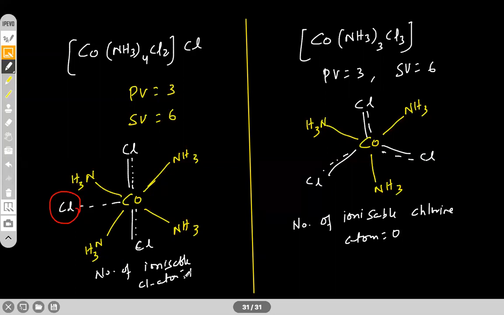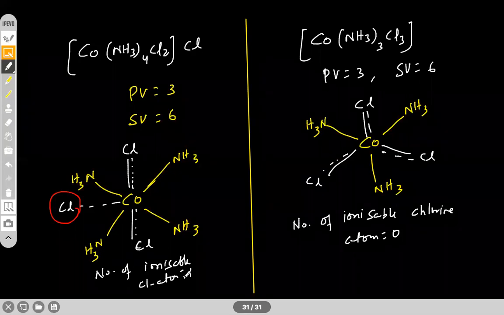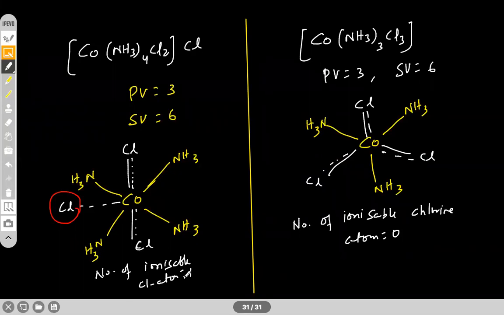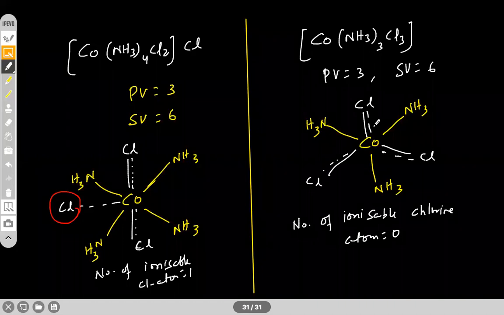So the chlorine and NH3 have to be alternate? No. See, just try to understand how we represent secondary and primary valency. Ignore this structure as well. We will do the structure once we finish valence bond theory. There we will see what hybridization we are getting, and according to that, what the geometry should be and what the placement of the ligands is. The coordination number is 6, and the geometry for coordination number 6 is octahedral.